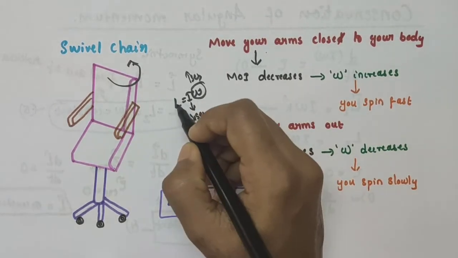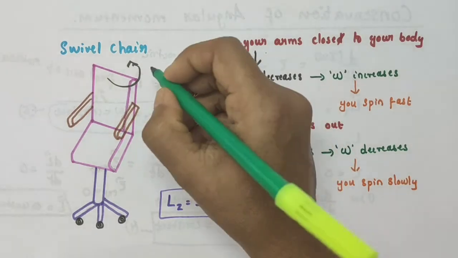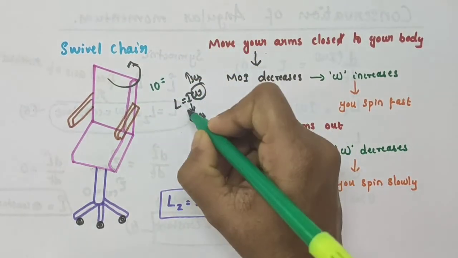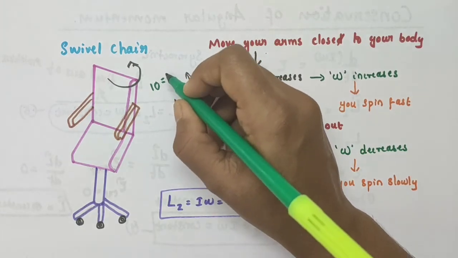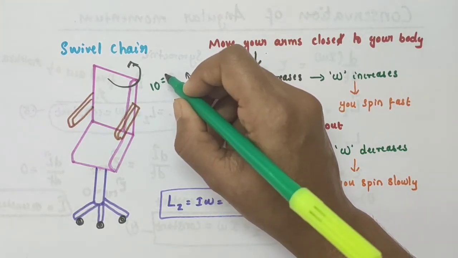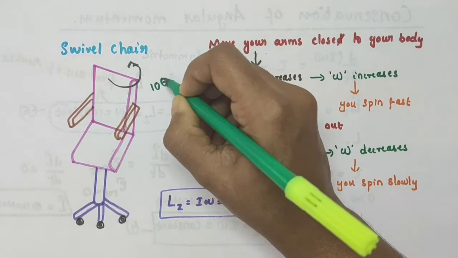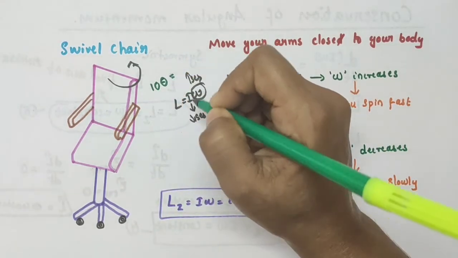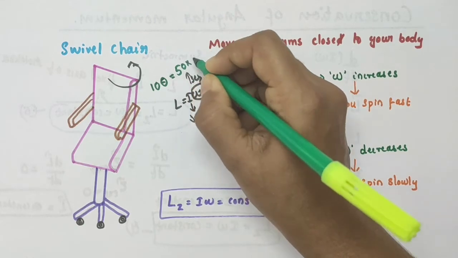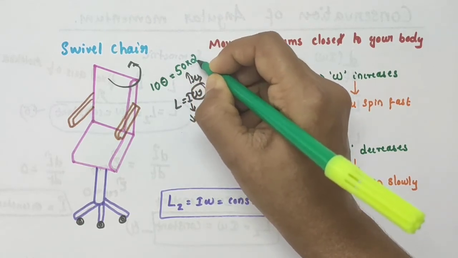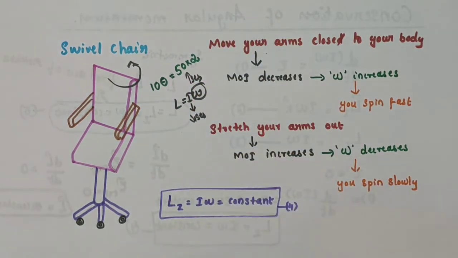For example, imagine this angular momentum as 100. It is a product of moment of inertia and angular speed. Let the moment of inertia be 50 and angular speed 2, so 100.